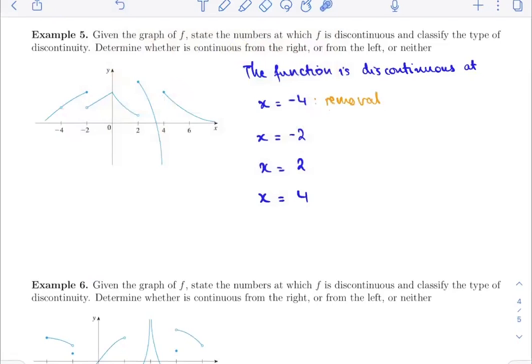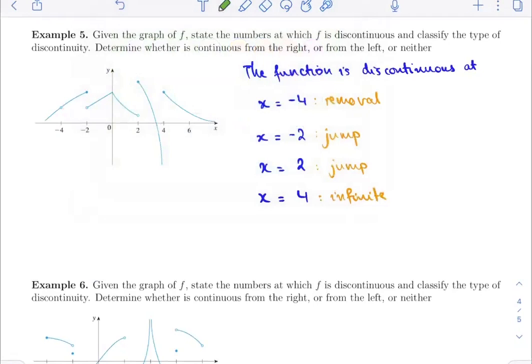At x equal to -2, this is a jump discontinuity because there is a hole, but the limit at x equal to -2 does not exist. At x equal to 2 is also a jump discontinuity. And at x equal to 4, you have an infinite discontinuity because the limit of the function as x approaches 4 from the left goes to -infinity.